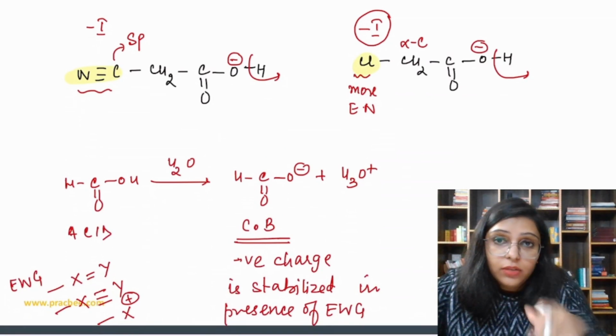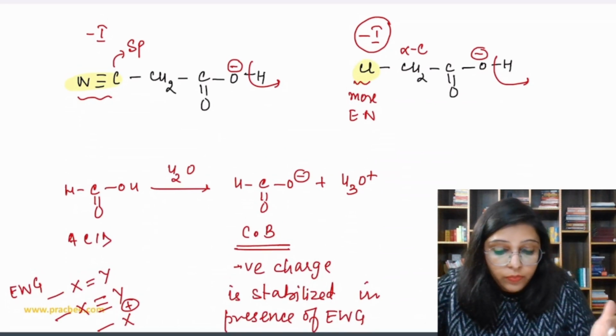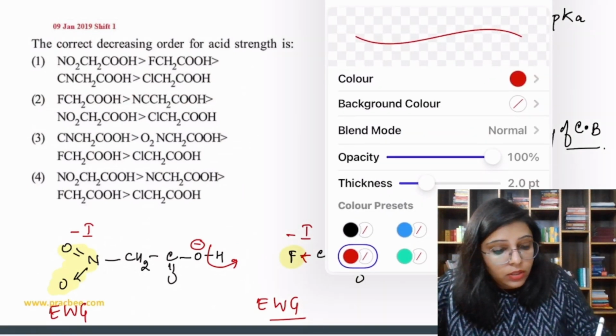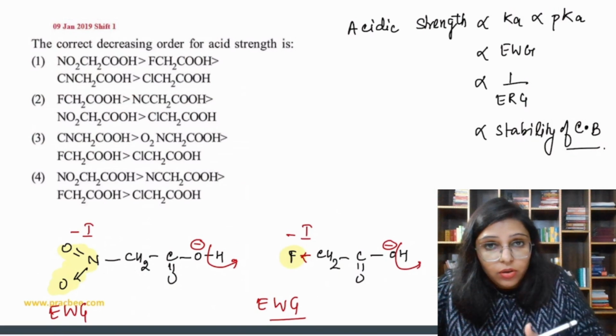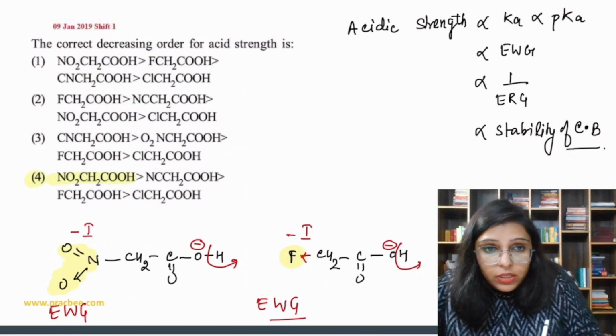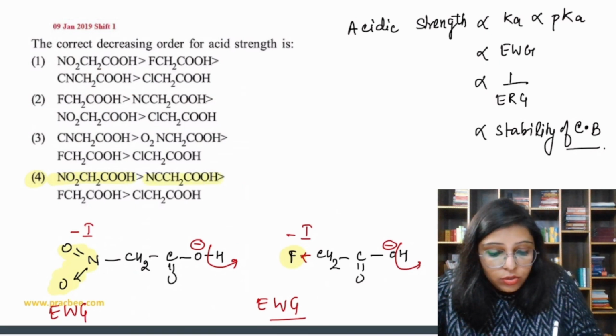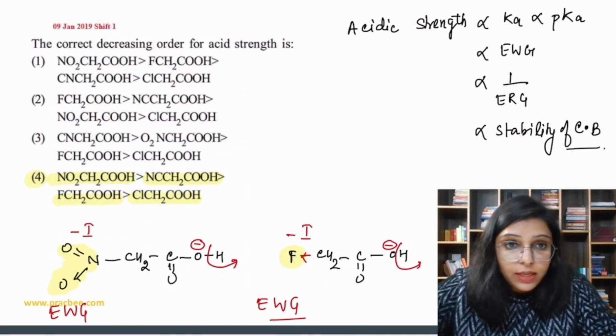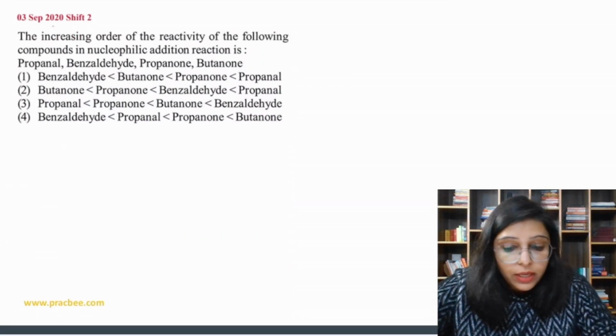If we want to compare, this is going to be the correct order. So the correct decreasing order of acidic strength is option number 4: NO2CH2COOH, then CNCH2COOH, FCH2COOH, and ClCH2COOH. Is it clear? Now, moving on to the next question.